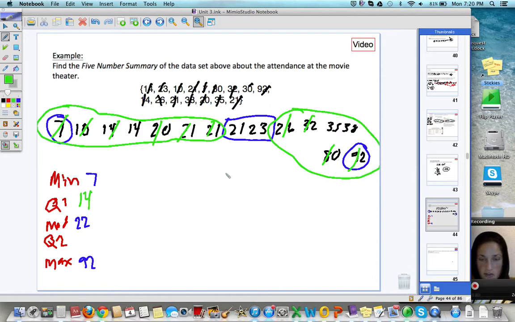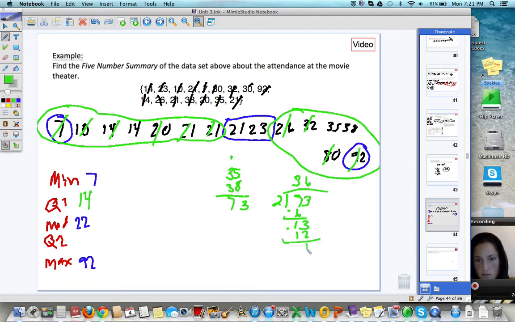We'll just say that was our numbers, because I might be missing something. 35 and 38, so remember, we add them: 73. Then I divide by 2 because there are two numbers. 2 goes into 7 3 times. 2 times 3 is 6. 13. 2 times 6 is 12. 1.05. So this would be my 36.5. I might be missing a number, but if this was my set, that would be my Q2.